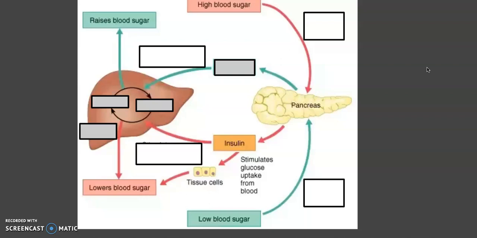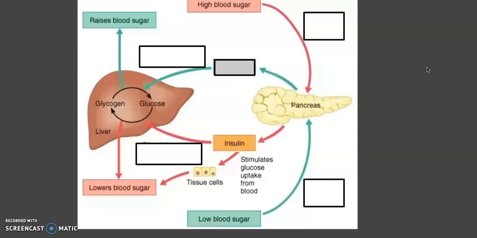And it also sends a message to the liver that glycogen and glucose need to be transformed into each other. So specifically with insulin, glucose needs to be transformed into glycogen.